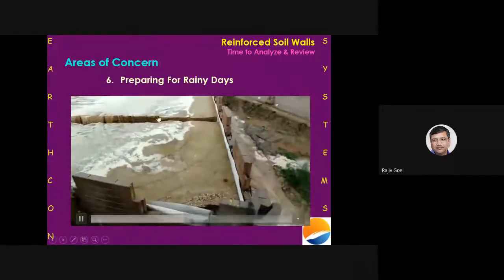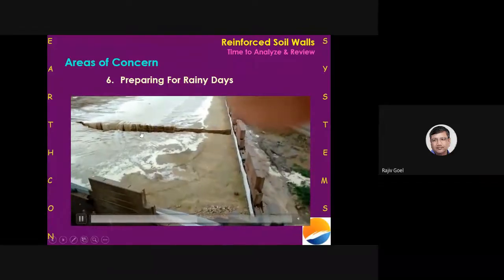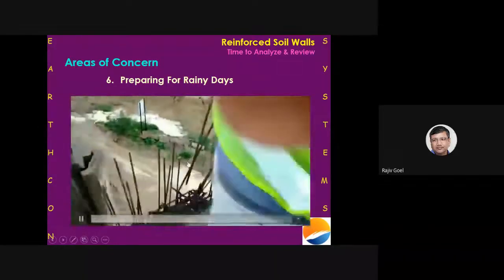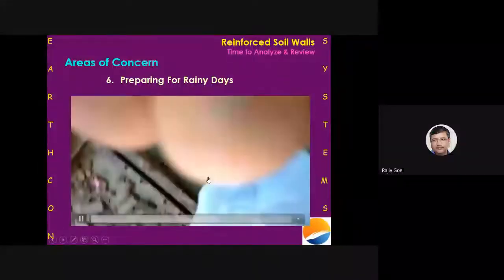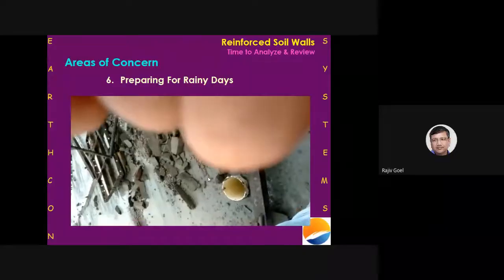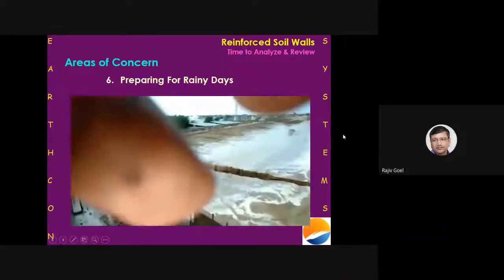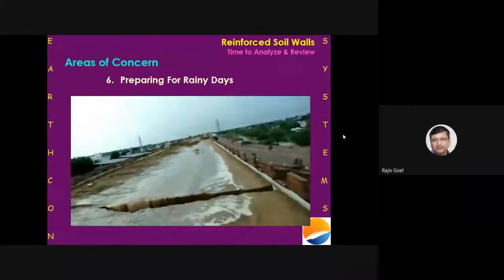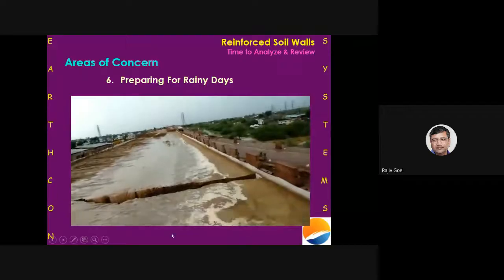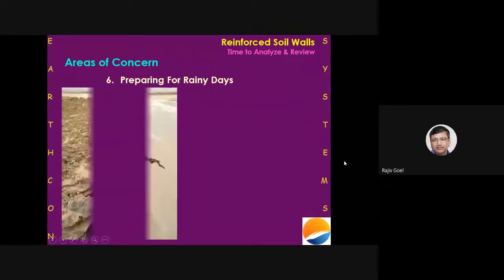So all this water, which is coming from above, got in here, it eroded the soil, and all the water drained out from the wall. Okay, and let me show you what happened afterwards.